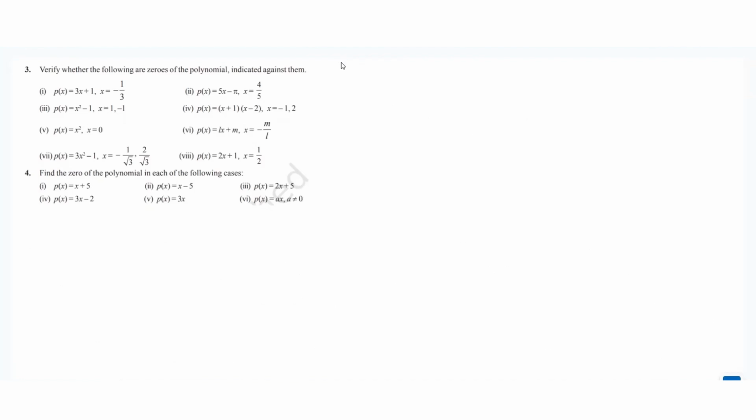In question number 4, we have to find out the value of the zero of the polynomial. In question number 3, what we were saying is, if P(x) is equal to 0, then x is zero of P(x). So we are going to use the same condition here.